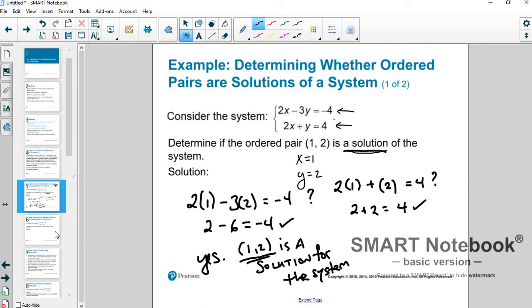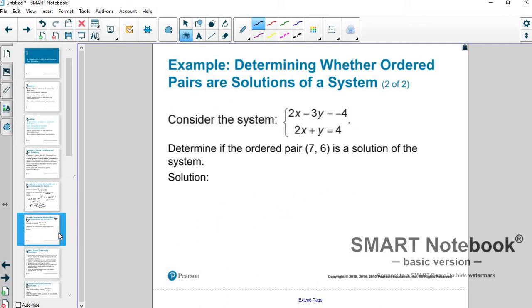All right, so y'all try it. Pause the video. Here is the same set of equations, but now you're going to test (7, 6) and see if it works. Pause the video and try it, and then come back and we'll go over it together. Okay, so again, x equals 7 and y equals 6 in this ordered pair.